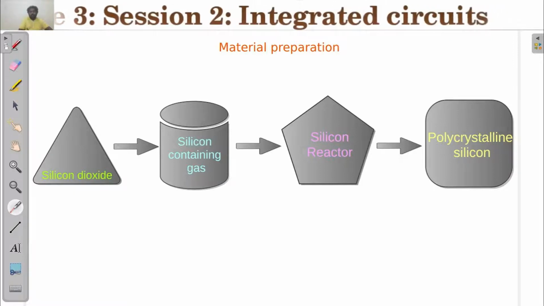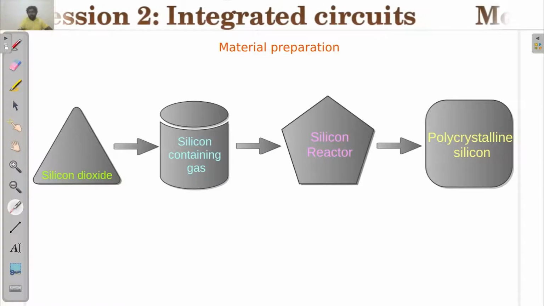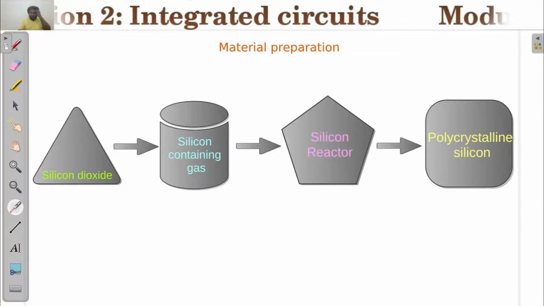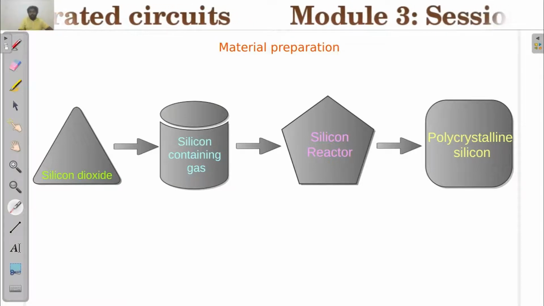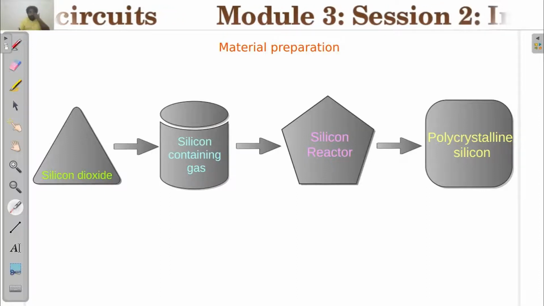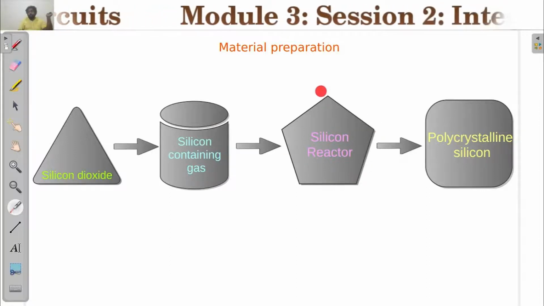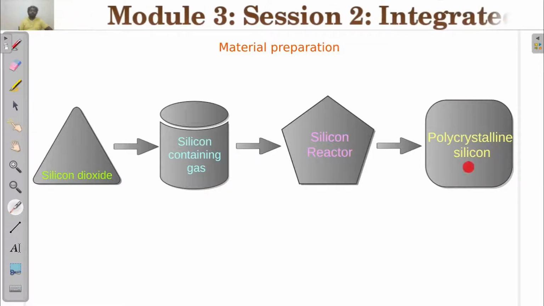The silicon dioxide is made to react with the gas that is formed as a result of burning these fuels, and that gas will have 98% silicon, and that silicon-containing gas is stored and further purified in a silicon reactor, and after purification we get electronic grade polycrystalline silicon as the end product.